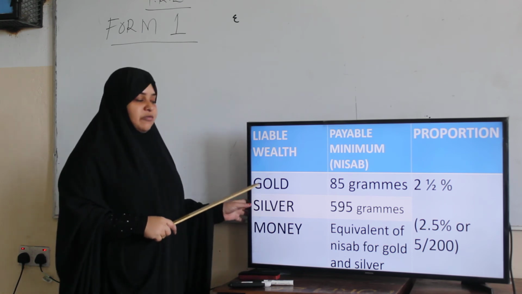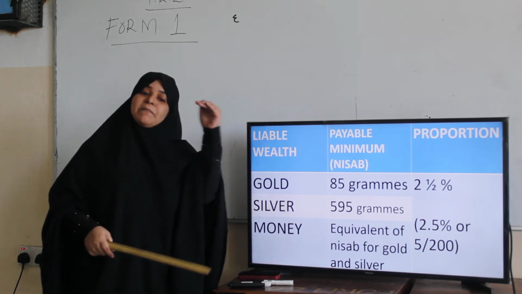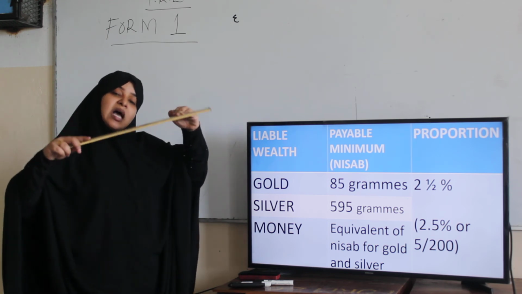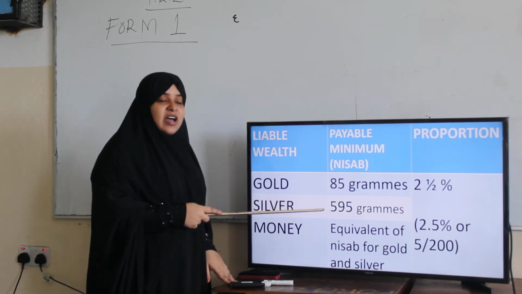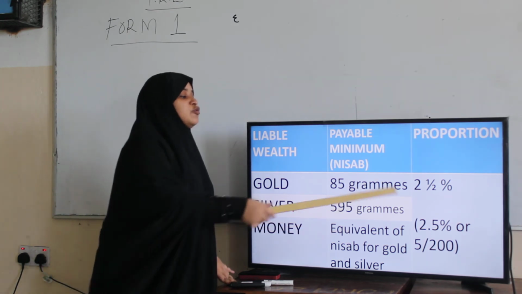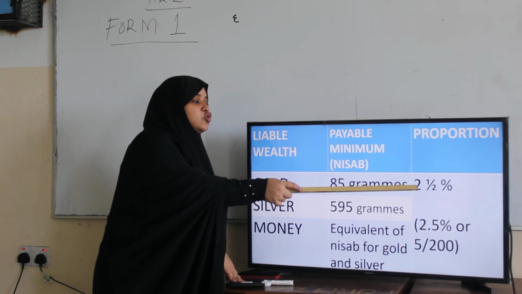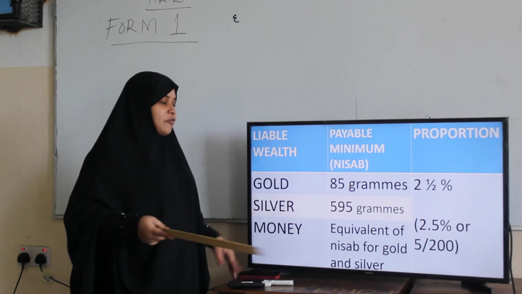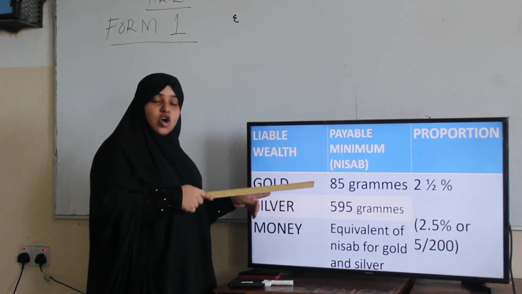If it's silver, the minimum amount that it should reach for you to be able to pay zakat is 595 grams of silver, then you calculate 2.5% of the silver or the gold that you have.